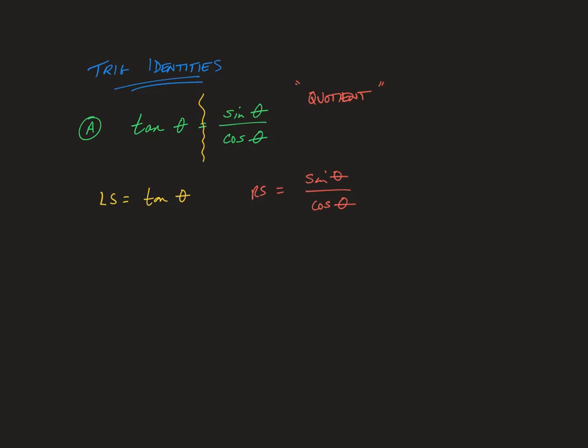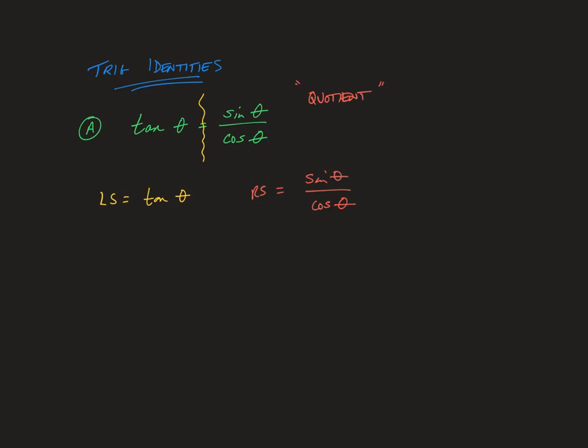And if we can independently manipulate the appearance of those and show that left side looks exactly like right side, then we have proven that tan theta equals sine theta over cos theta.